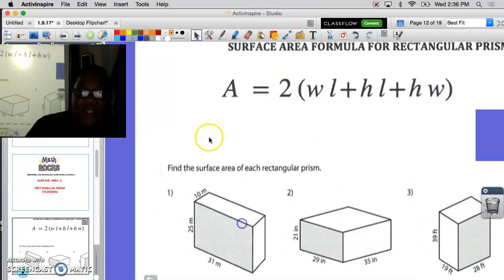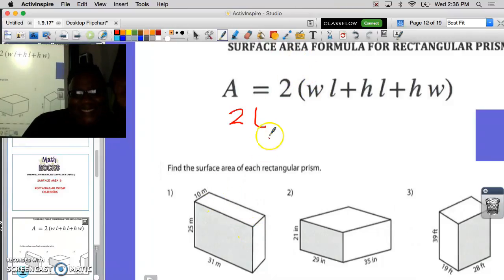Now that we know what everything is, I can plug them in. So I have 2, times width, which is 10, times length, which is 31.